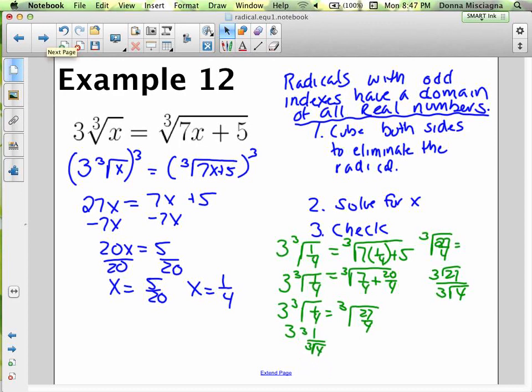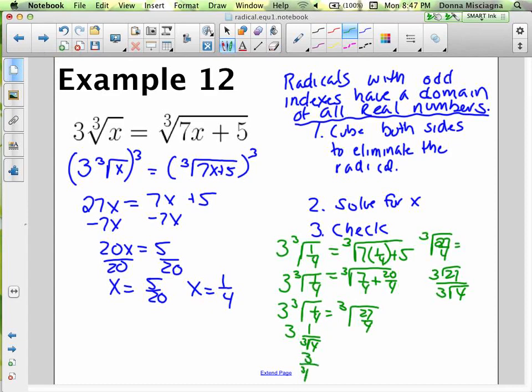All right, so I could rewrite that as 3 divided by the cube root of 4. And that keeps looking like a coefficient when in fact it's just the index of my radical. So 3 divided by the cube root of 4.